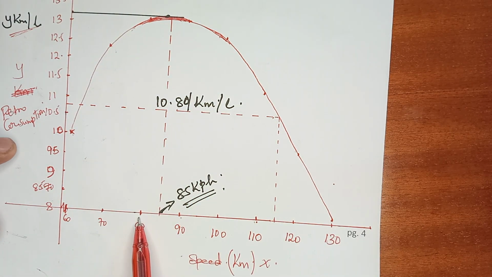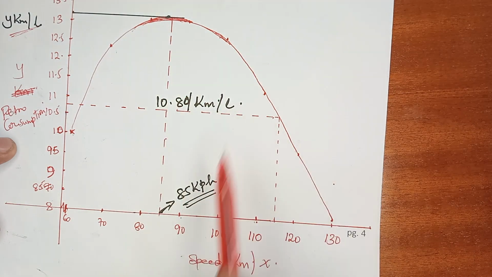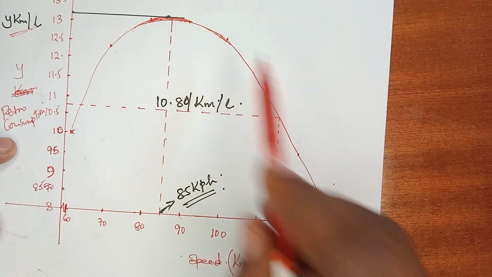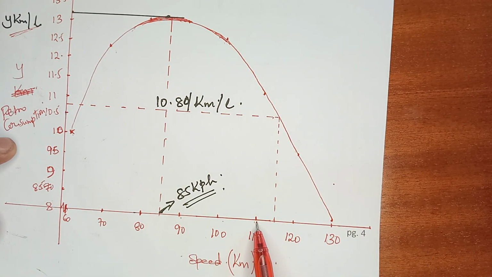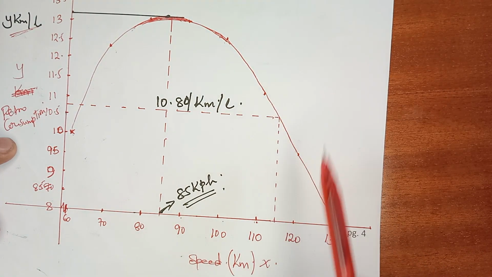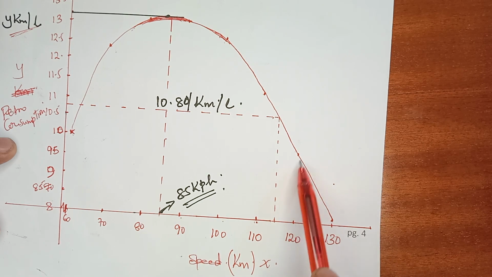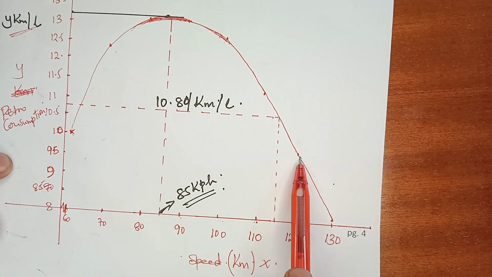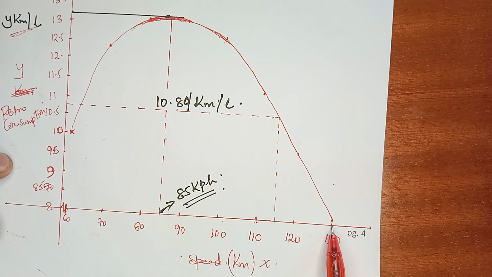When x is 80, y is 13.3. 90, 13.3. 100, 12.7, 110, 11.6, 120, 10. And when x is 130 kilometers per hour, then the consumption is 8.2 kilometers per liter. That is part B for you.